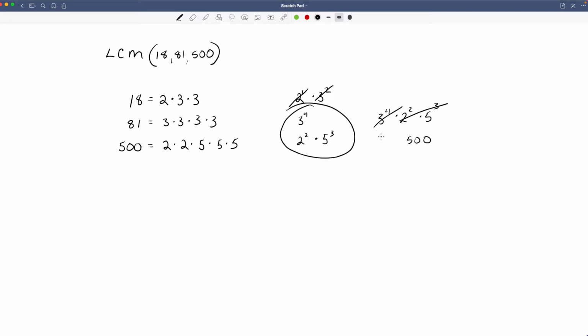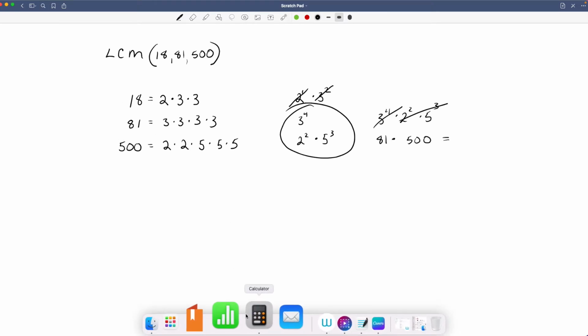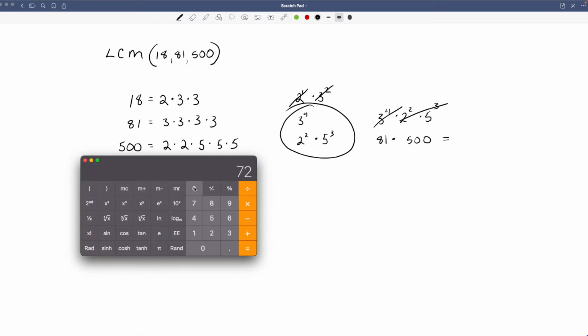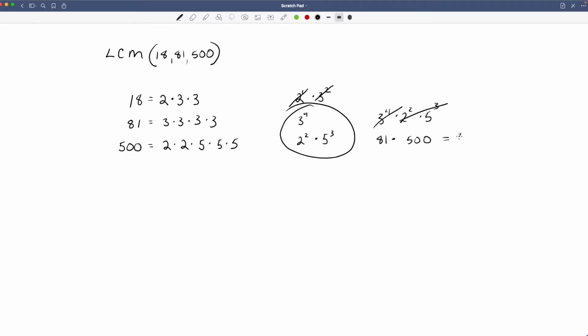So I can cross that out and say 81. So now we know that 81 times 500 is the LCM for all 3 of these numbers. So then all you would have to do is pull up your handy dandy calculator and say 81 times 500 is equal to 40,500.